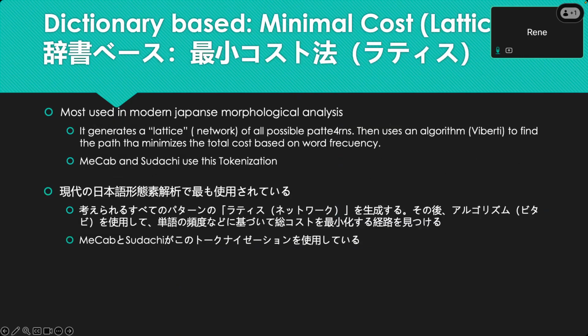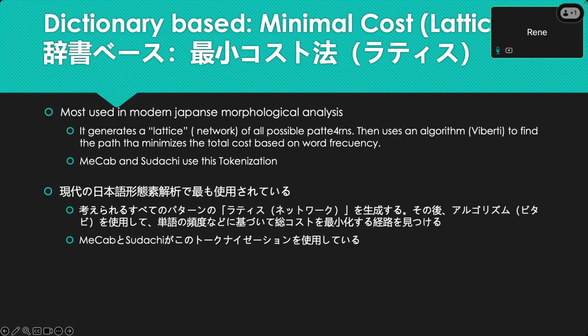For dictionary-based, we have the one that is being used right now for Japanese, which is minimal cost, or lattice. It is the most used right now for Japanese. We are also using some other tokenizers for ML, but this one is the most used, and it's implemented in Sudachi and MeCab. What it does is create a network of all possible patterns of a text.